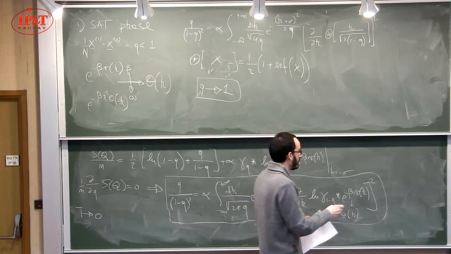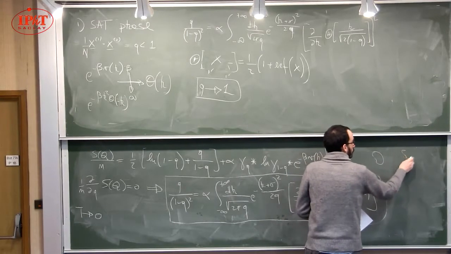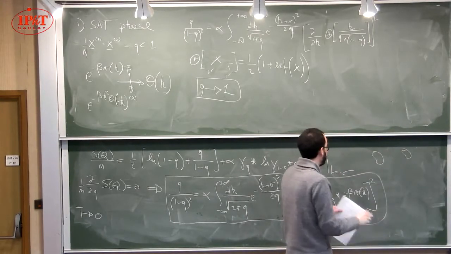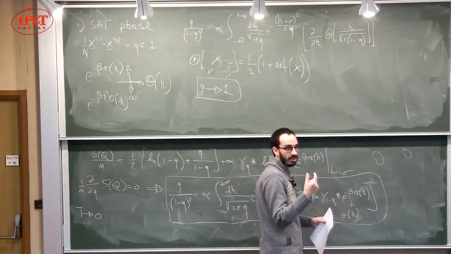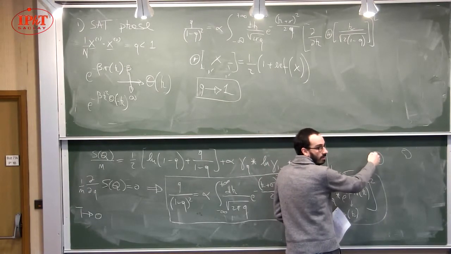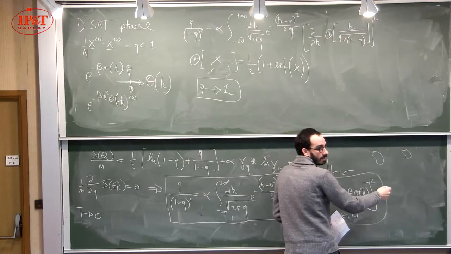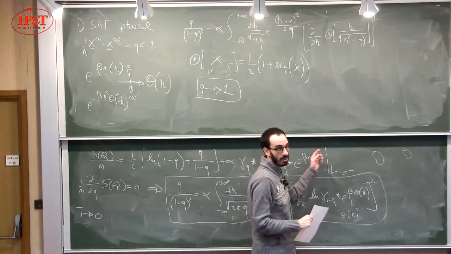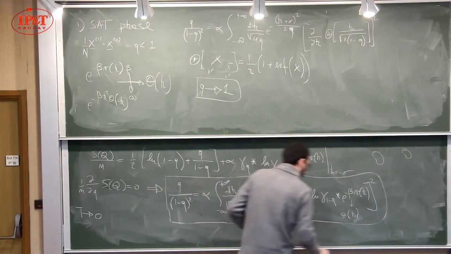So you have just islands of solutions that disappear. Instead here, since you have continuous variables, these islands are shrinking to just one configuration, and then they disappear. And so in this case, Q goes to 1.